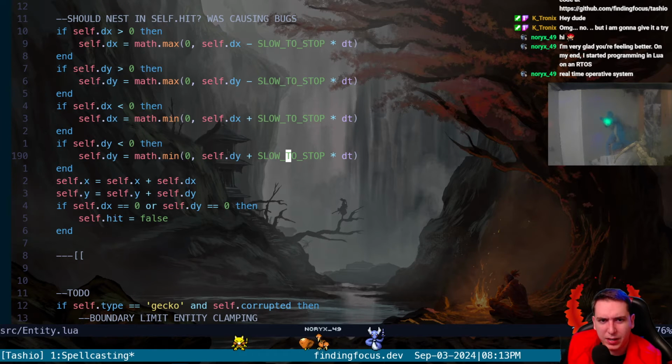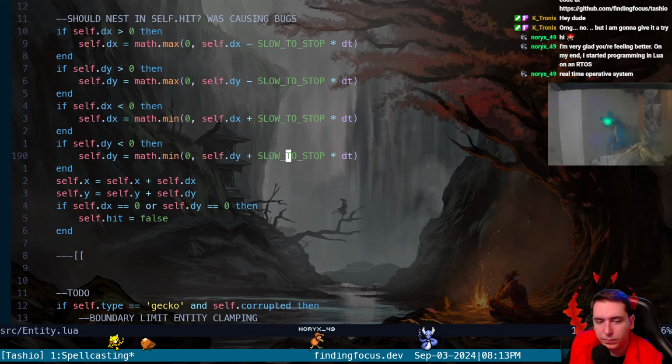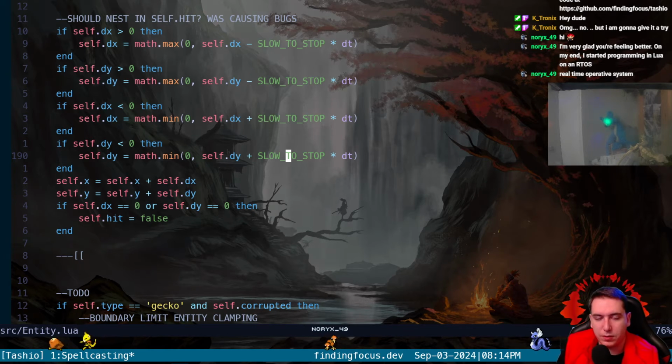So we're saying keep adding 1.5 to our dy until we are at a dy of 0. It's just a constant that we're adding until we reach 0 again.